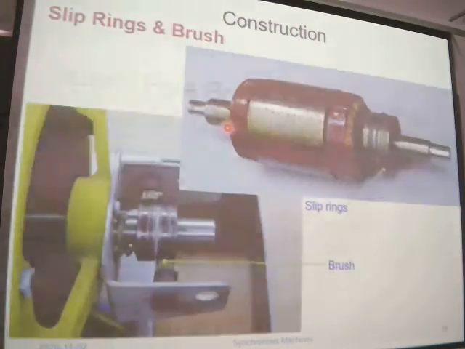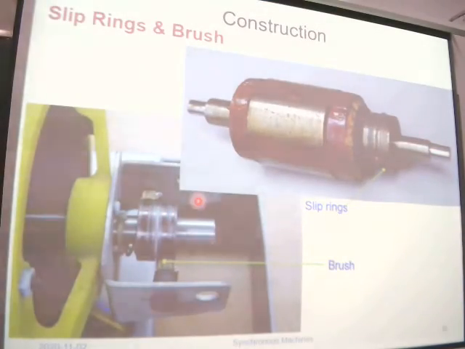Okay, let's see the other parts. We know the stator and the rotor, but also the slip rings. You see the two slip rings out here.